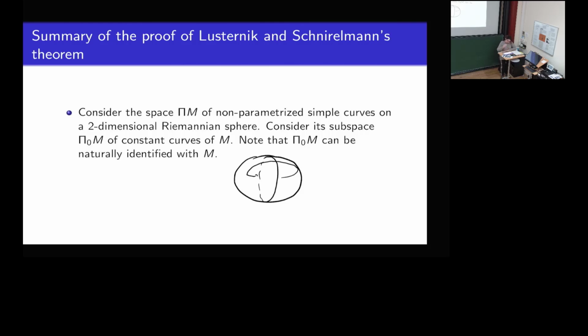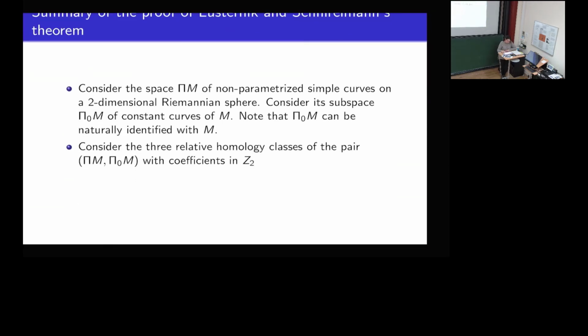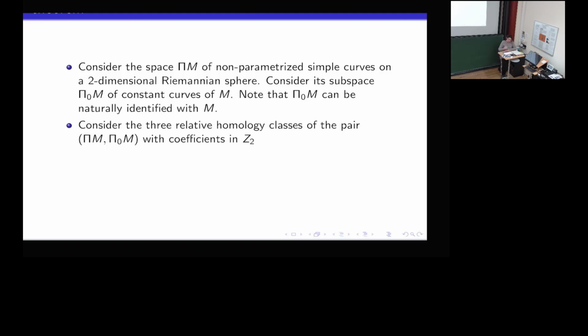We're going to consider the subspace that consists of constant curves on M, which is naturally identified with M, as we talked about before. And then we are going to consider the homology of this space with coefficients in Z2.